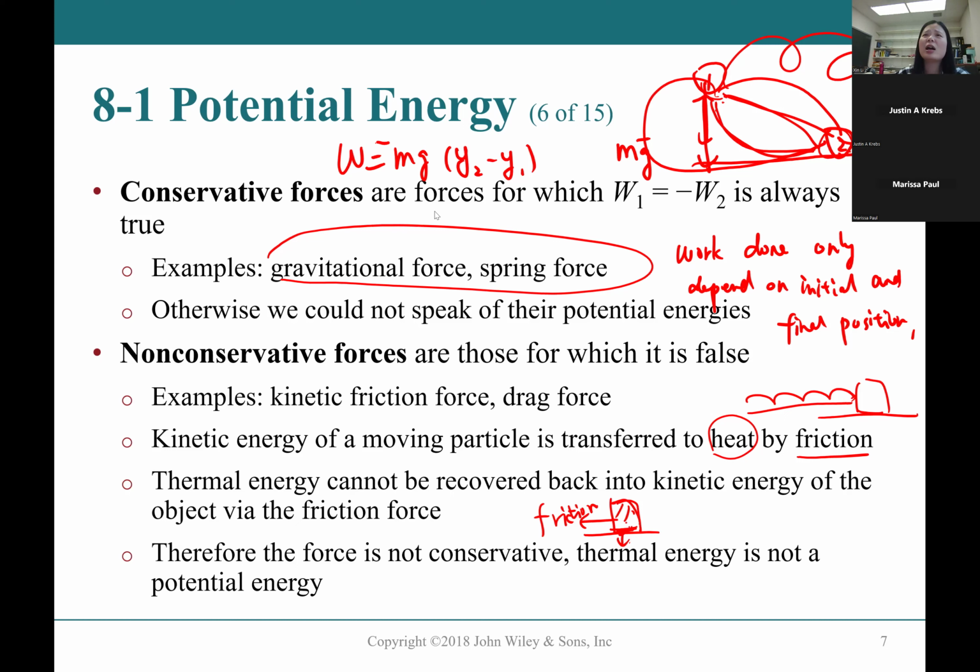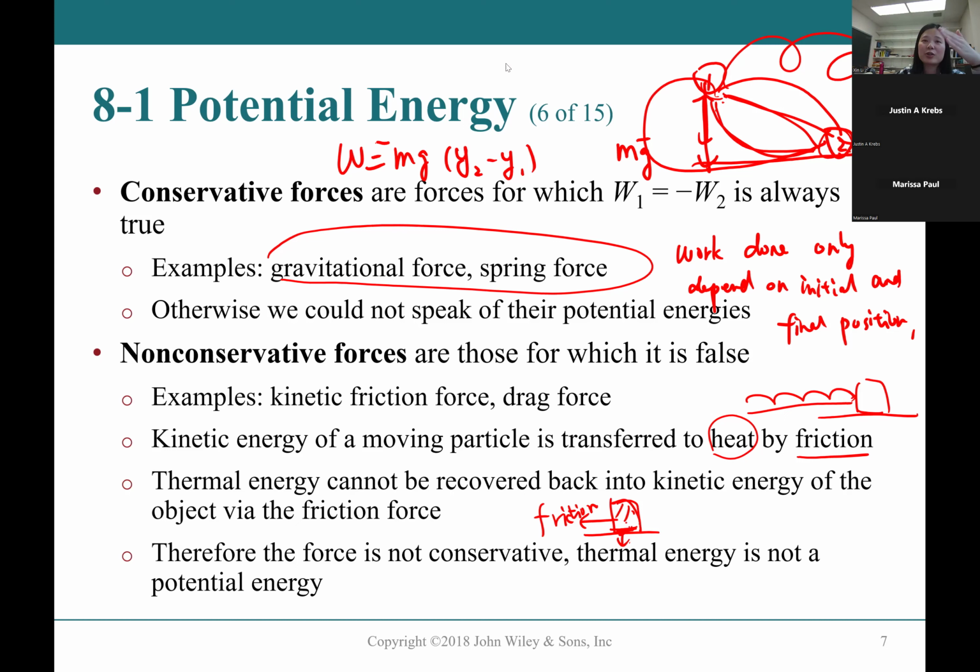This is an example. We have other examples too: you rub your hand against a table, or you rub two objects against each other, and then you touch the surface, you are going to see the temperature of the surface increase. So work done by friction will be transferred to heat.